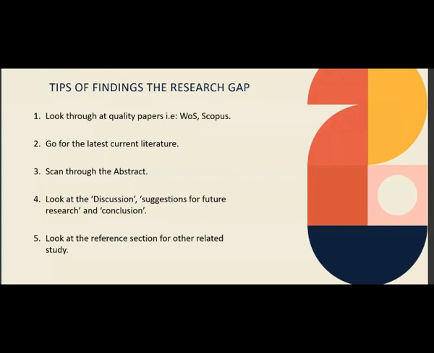Second, remember that your research needs to be current. You're not going to address the issue in the 70s or the 60s or even the 90s. Things change a lot, so go for the latest and current literature. In the database, you can set maybe 10 years back, but in order to find the research gap and the current issue, you only look into 5 years back.